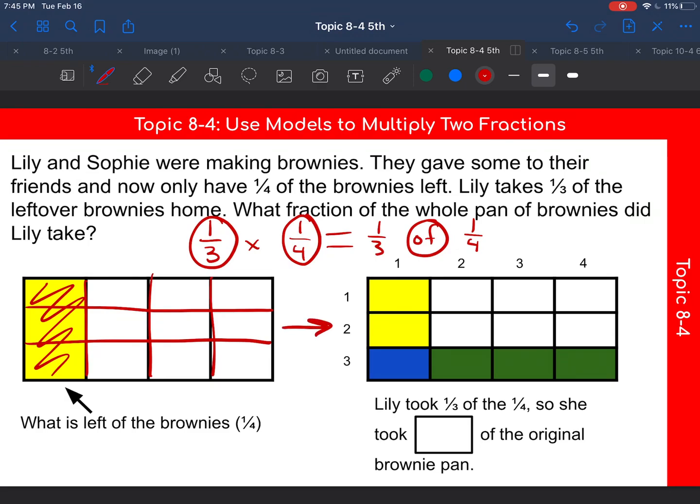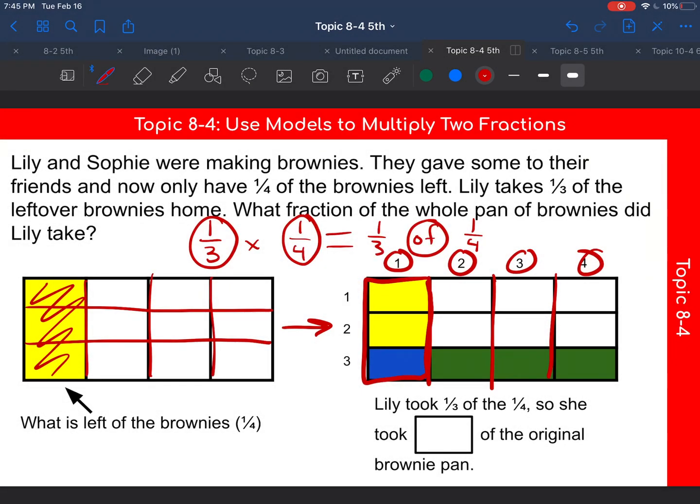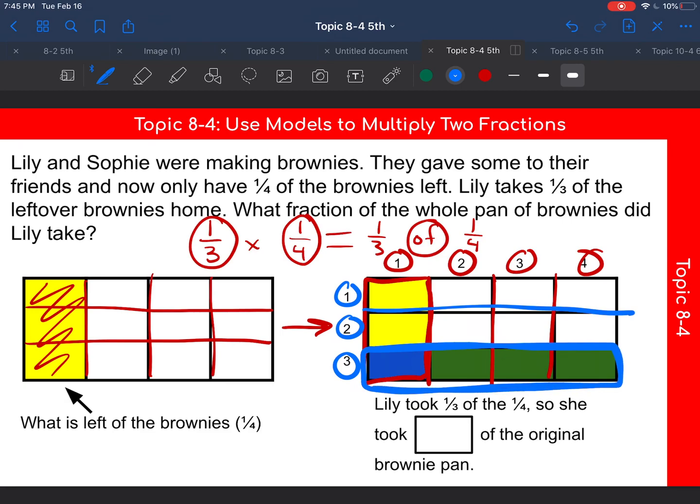So you can see right here, okay, so I'm going to get my red. We split it into fourths, 1, 2, 3 fourths, and we shaded in 1/4, okay? Then we represented thirds this way, 1, 2, 3 sections, and we shaded in 1/3.